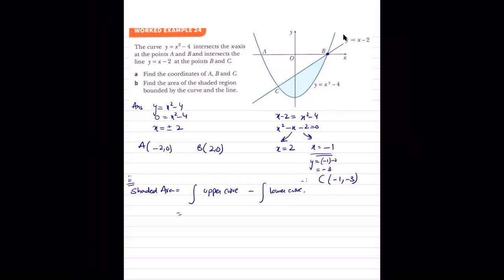The upper curve in this case is the line, and it needs to be integrated from minus 1 to 2, right? So won't it be 2 and minus 1. Okay, right.